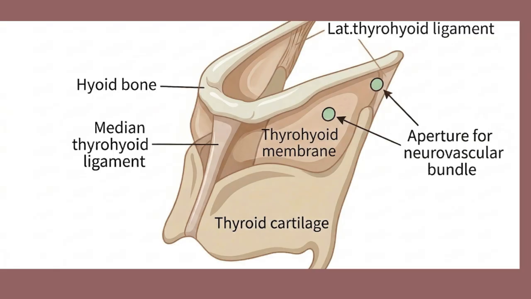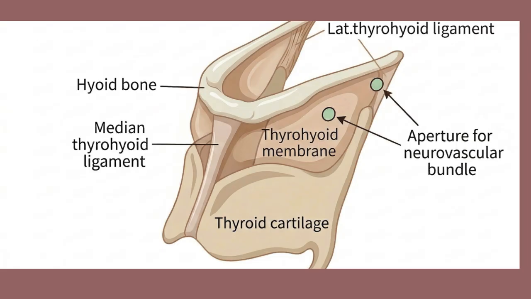You may notice that in the structure of the thyroid membrane there are a couple of apertures which act as a passage for the neurovascular bundles to enter or leave the lumen of the laryngeal cavity.